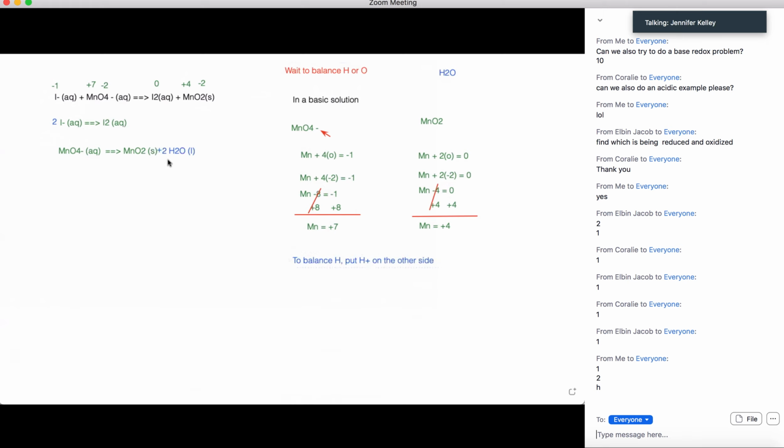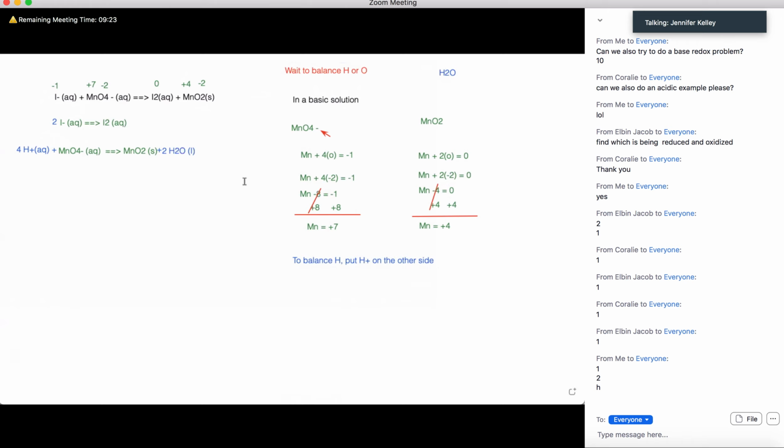So I have 4 hydrogen in these 2 waters total, because 2 times 2 is 4. So I need to add 4 H plus over here. And I need to move it so it can be seen.